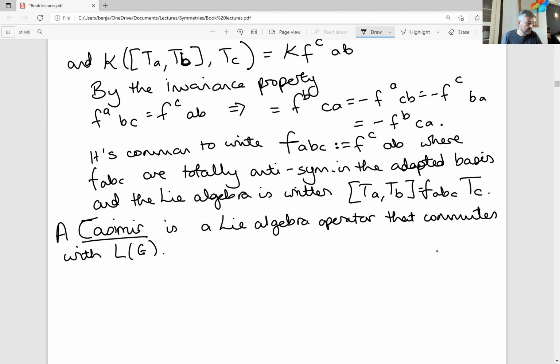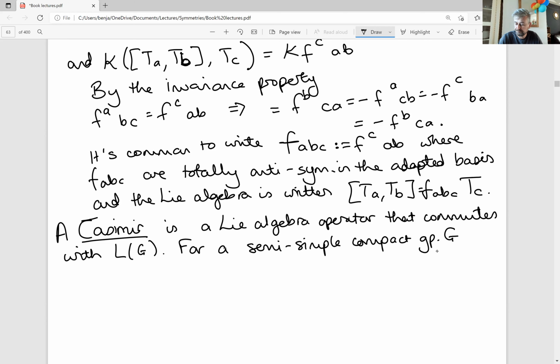So for a compact group G, okay, so let's take a semi-simple compact group G. Remember, we defined compact way back to be having a finite group volume.